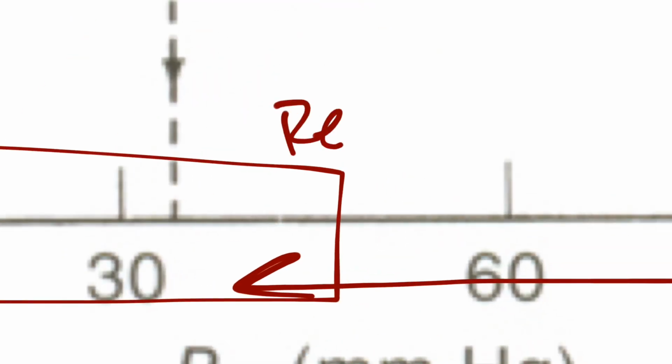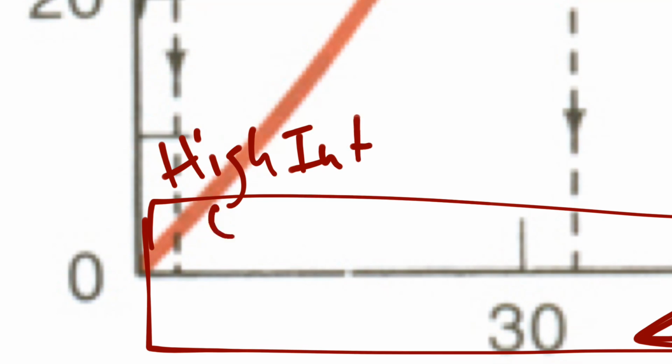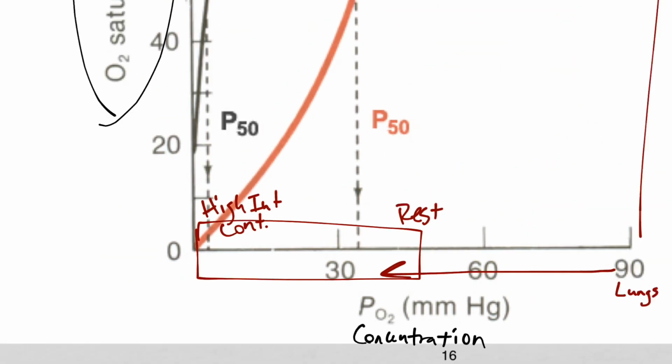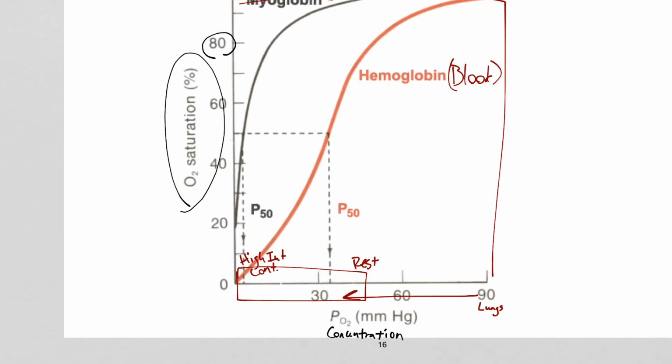The 40 range being rest, and the low end being high intensity contraction, and then obviously the space in between being more moderate contractions. And so hemoglobin hits the muscle, PO2 drops, which means this line takes a free fall, and saturation goes down. That's exactly what you want, because saturation going down just means hemoglobin is letting go of its oxygen. That's what it's supposed to do, because muscles need that oxygen to produce that aerobic ATP that they're using to contract.